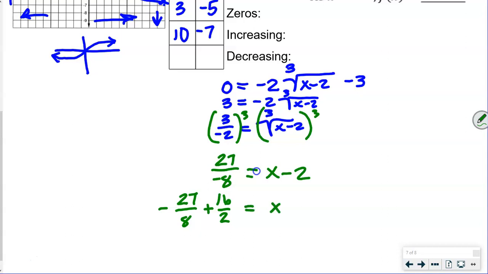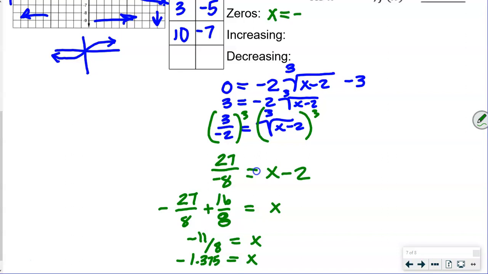And again, you guys can do this with a calculator and it will give you the answer. Sorry, that should have been an 8, y'all. Because that's 2, right? Okay, so then that would be negative 11 over 8, wouldn't it? Okay, so that's equal to x. So that means x is going to be equal to negative 1.375. So that's going to be my zero.